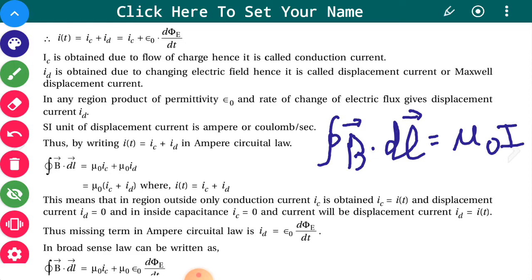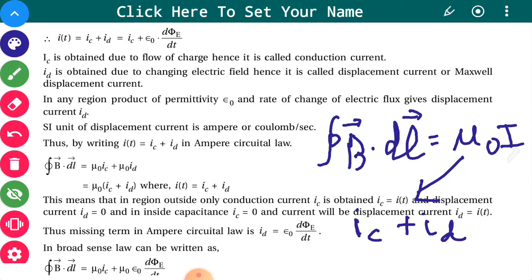Now that current is divided into two parts. One is the current due to conduction, IC, which is obtained due to the flow of charge, so it is a conduction current. The other is the displacement current ID, which was introduced by Maxwell.